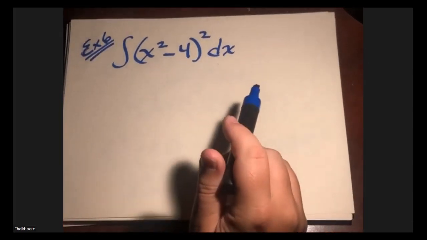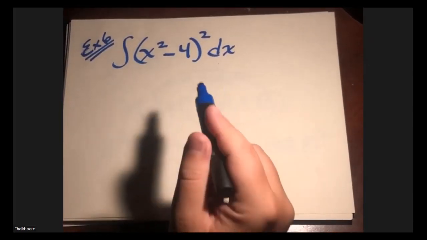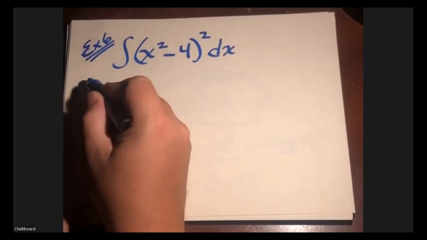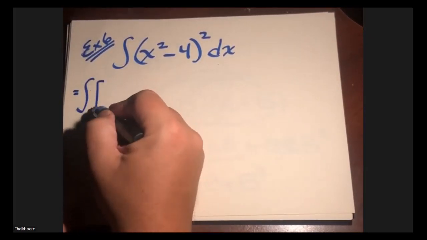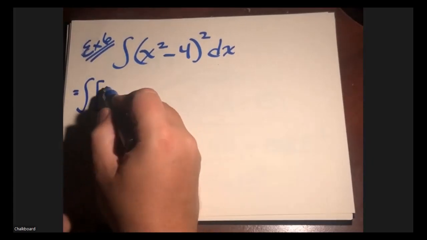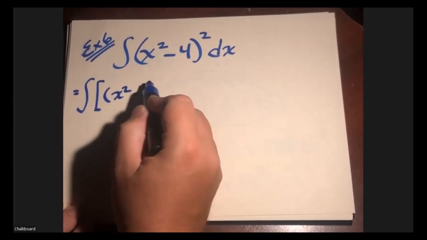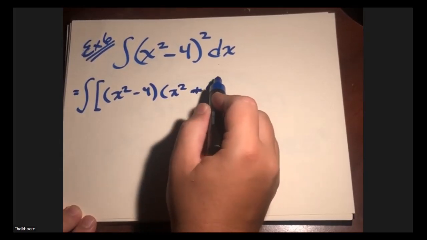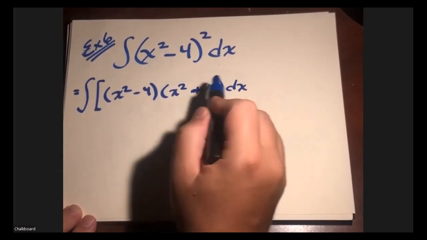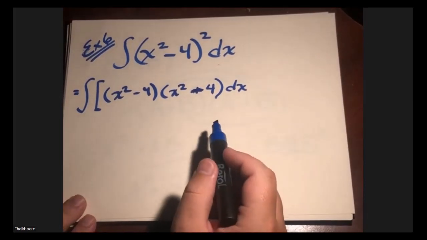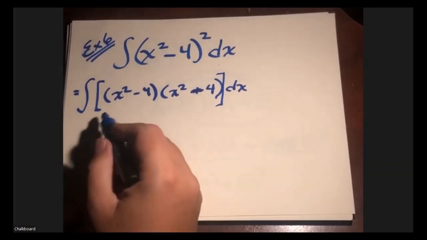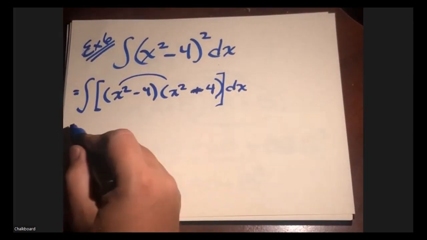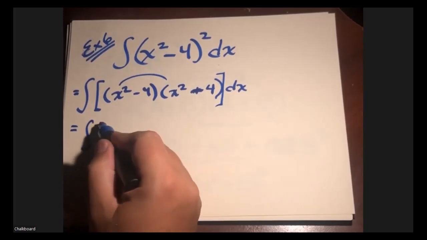I'm going to rewrite it so that it looks like that. I'm going to multiply x squared minus 4 times x squared minus 4 dx. That's supposed to be minus, of course. All right. And then if we do that, first x squared times x squared, that's x to the 4th.